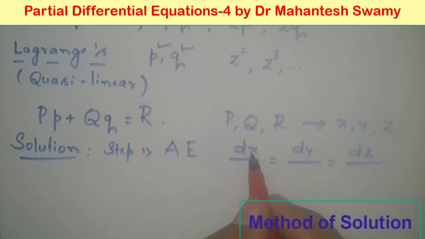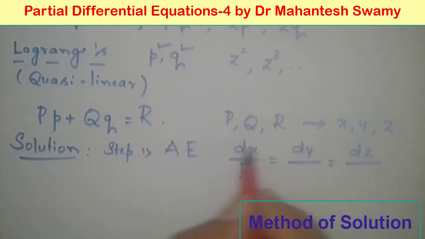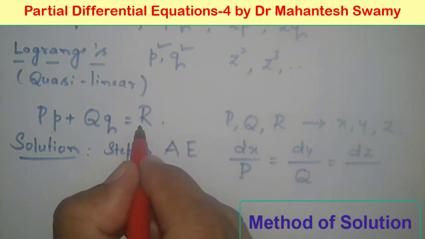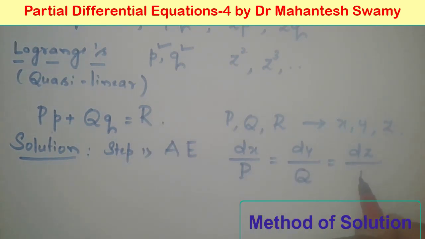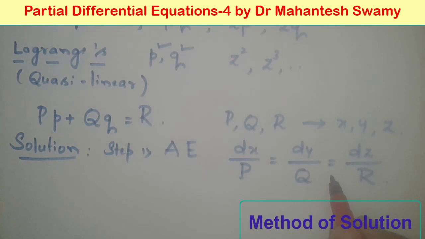In the denominator of dx we will have the first function, that is capital P. In the denominator of dy we will have capital Q. In the denominator of dz we will have the function on the RHS, that is capital R. So we will write the auxiliary equation in this format.